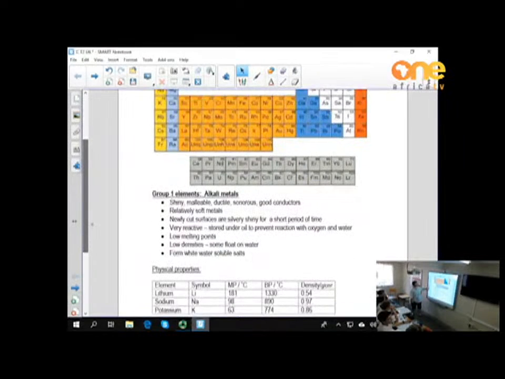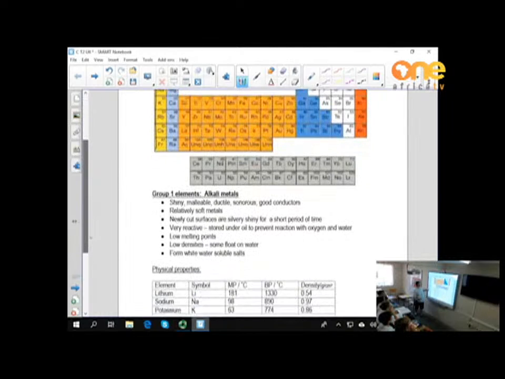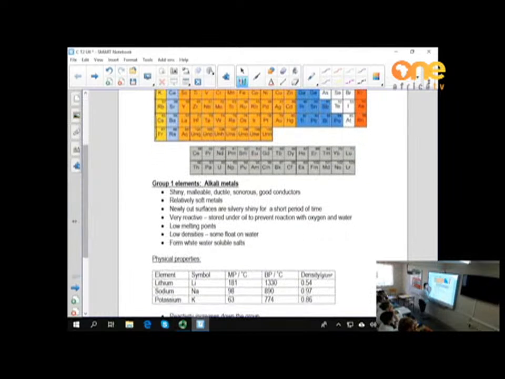If we look at group 1 elements, except for hydrogen, all of the others are metals. So group 1, they are commonly known as the alkali metals.